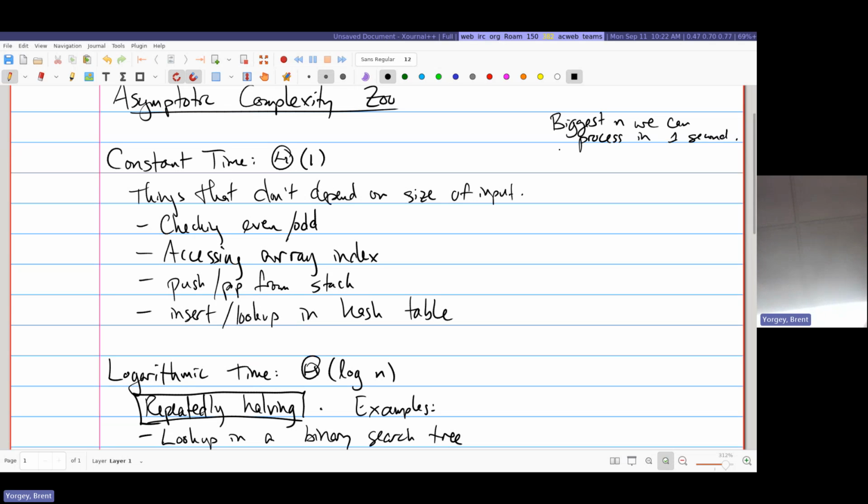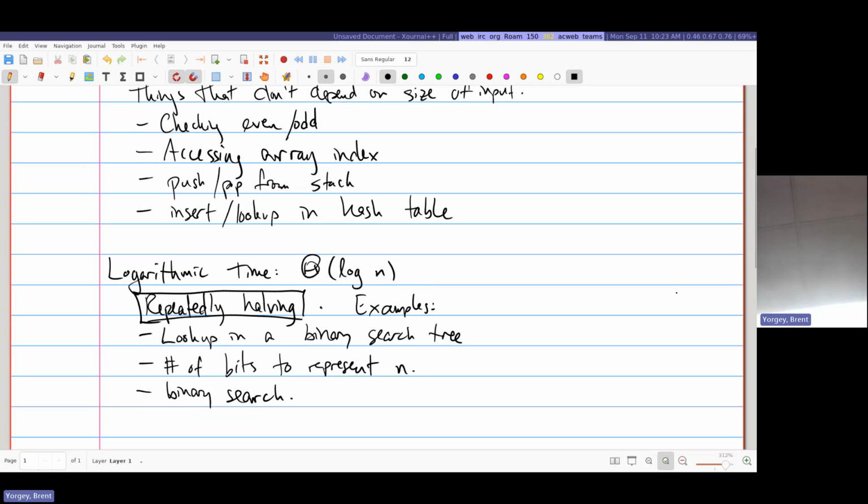In other words, if you have an algorithm that takes log n time or theta 1 or theta n squared or whatever, I'm not going to go through the derivation, and you're going to play with this on your homework, but what's the biggest size input you could have and be able to run that algorithm and have it take about 1 second? If it's constant time, then of course it's infinity. It doesn't matter how big your input is, it's constant time.